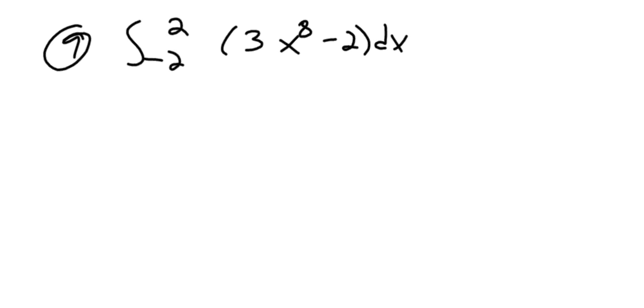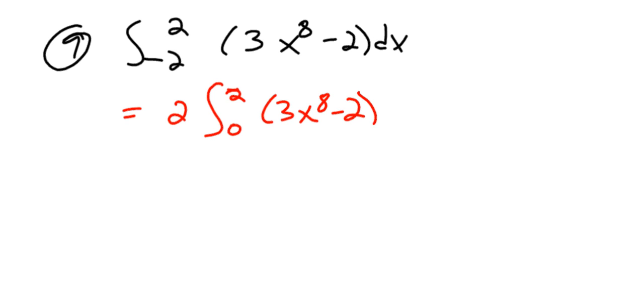If you can factor out a -1, it's odd, and if you can't, it's neither. In this case, it's an even function, so I'm going to say 2 times the integral from 0 to 2 of this function, which is slightly easier to evaluate. We should end up getting that our area is 1,000 over 3.